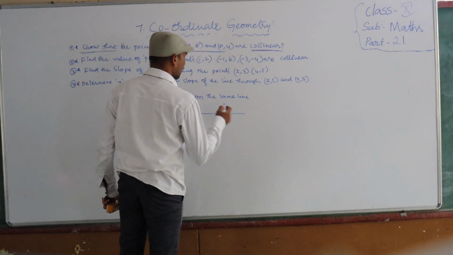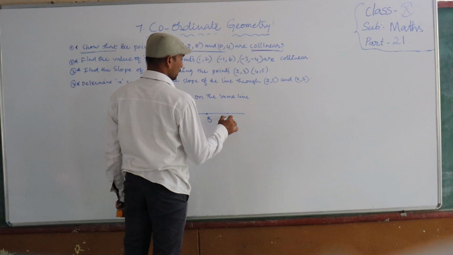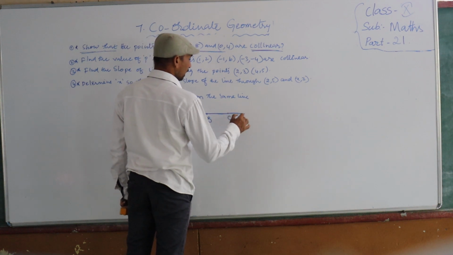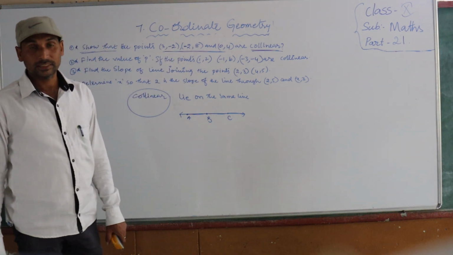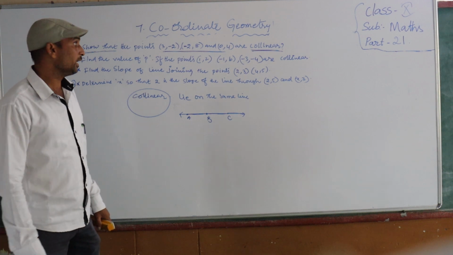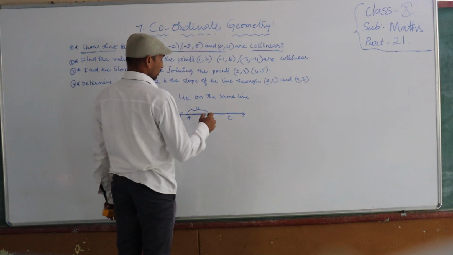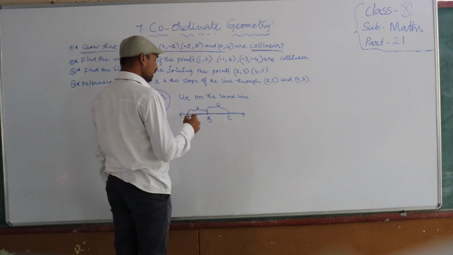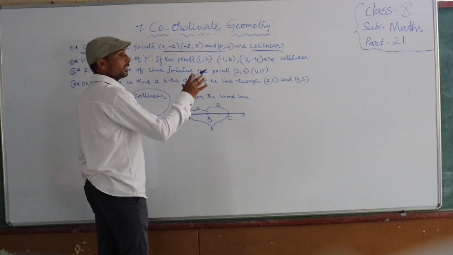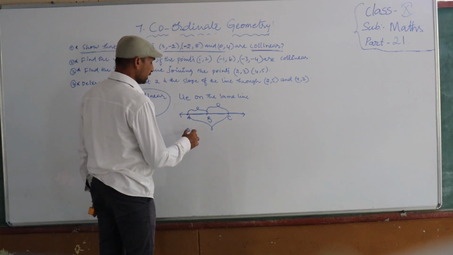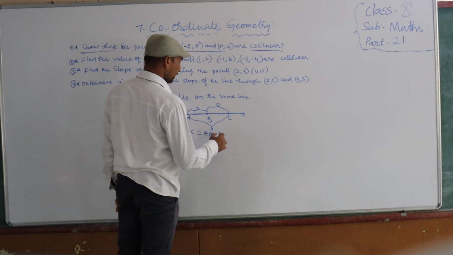See, suppose the points A, B, C, if these 3 points lie on the same line, these are collinear. And how can we know? We have to find the distances AB, BC and AC using the distance formula. After finding these 3 distances, we should get AC = AB + BC.